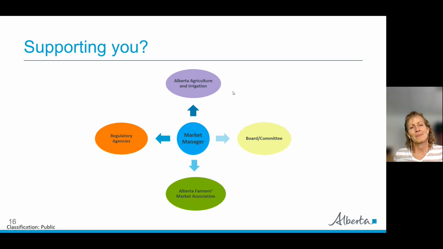But at the same time, there are lots of people out there who are there to support you and to help you do your job and make your life easier, and to remove barriers for you. One of them is us within Alberta Agriculture. We are here to answer those questions and to find some answers for you and point you in the right direction.